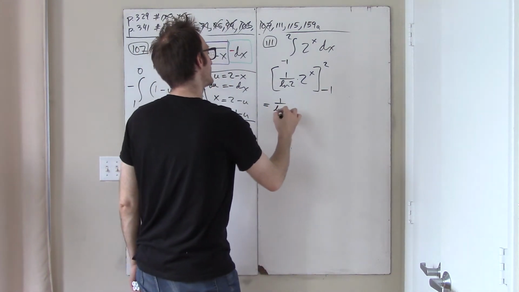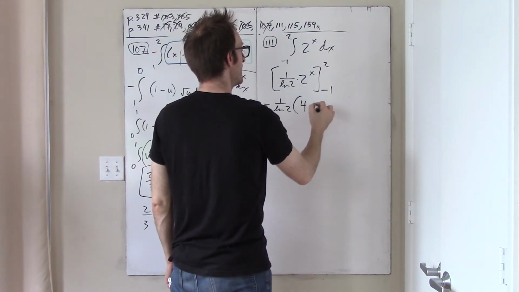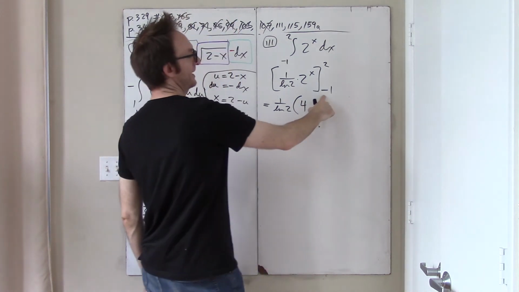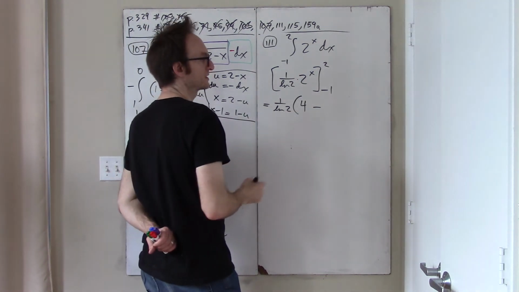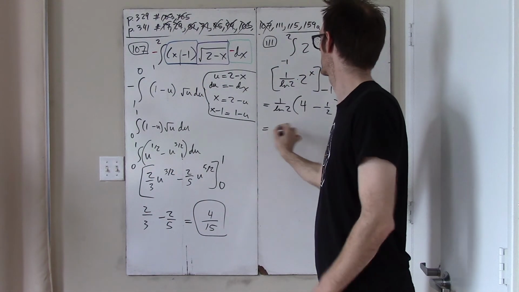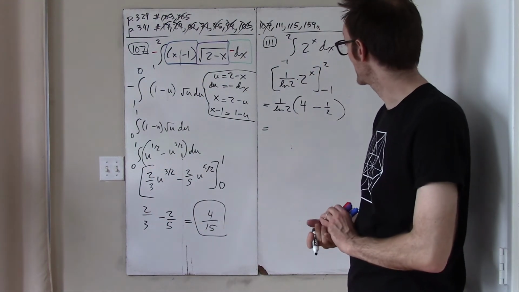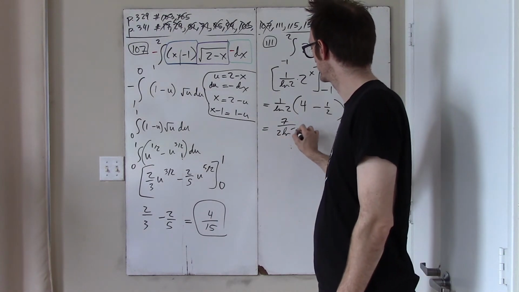So we get 1 over ln 2 times 2 squared, which is 4, minus, and we've got to be careful, when you plug negative 1 in here, that's 2 to the negative 1, so that's just 1/2. So this is 7/2, so 7 over 2 ln 2 or something like that.